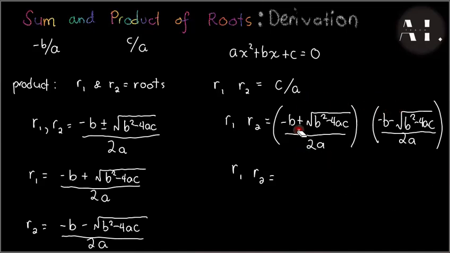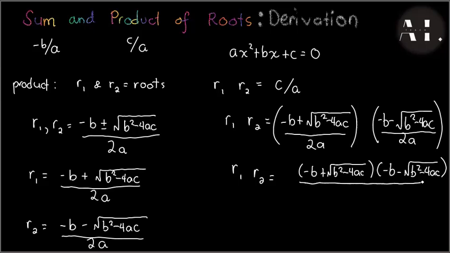Now, the expression here will be simplified as the product of negative b plus the square root of b squared minus 4ac and negative b minus the square root of b squared minus 4ac over the product of these two terms, which is equal to 4a squared.